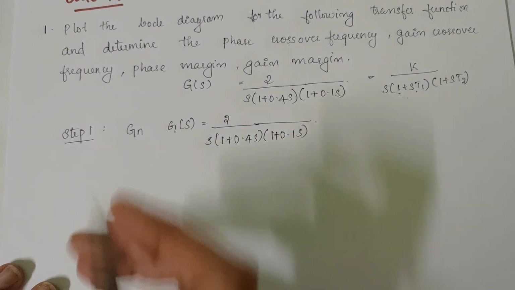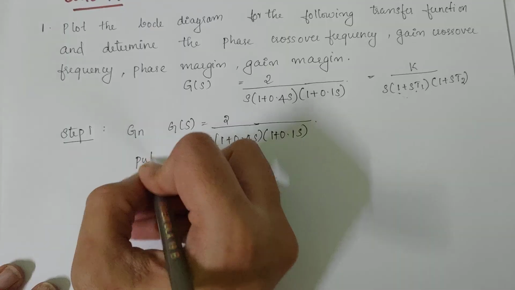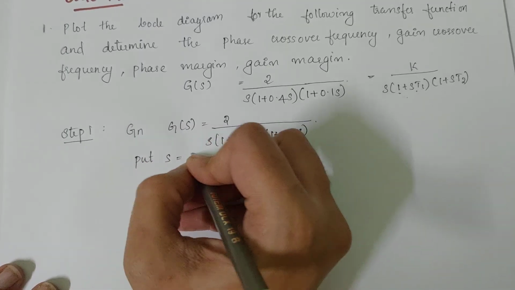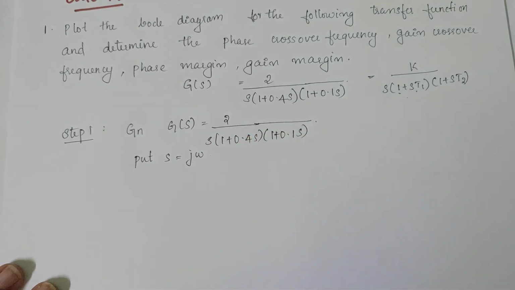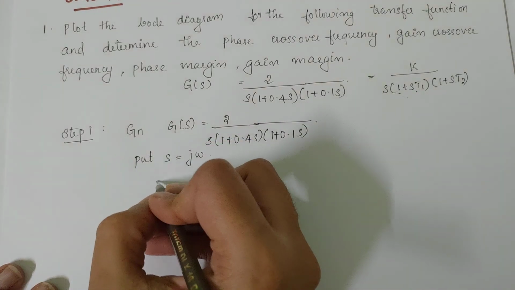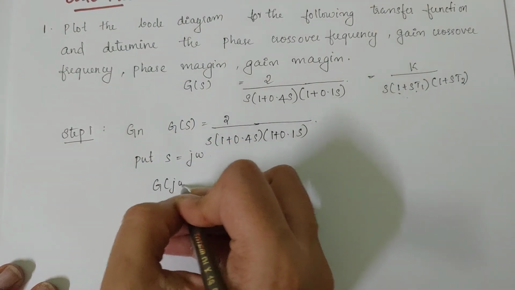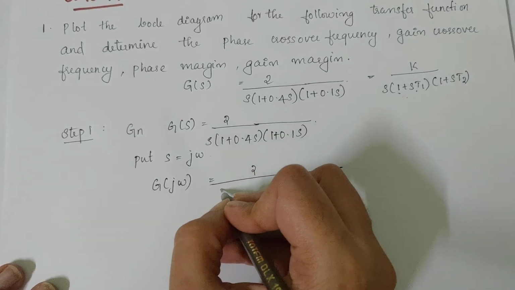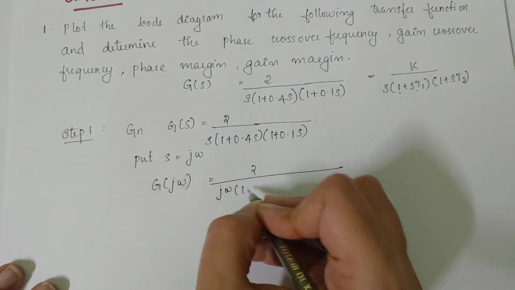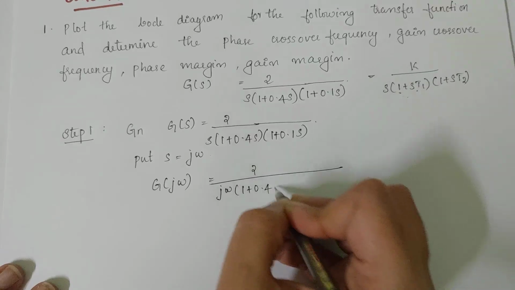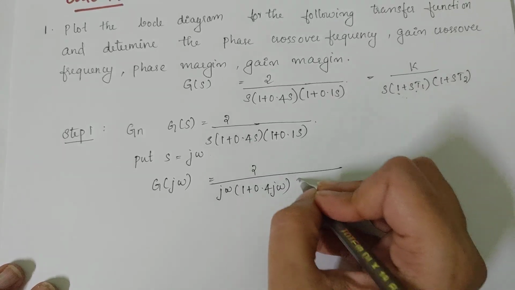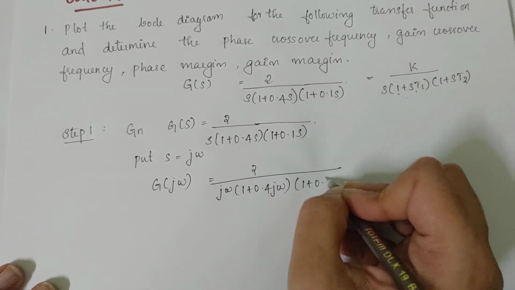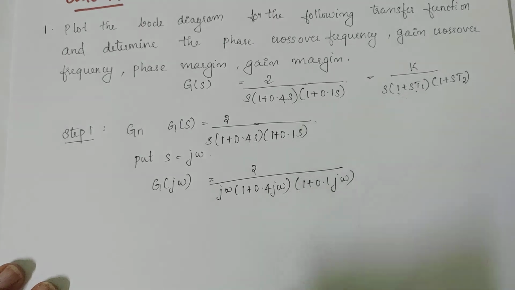Put s is equal to j omega. So G(j omega) is equal to 2 by j omega into (1 plus 0.4 j omega) into (1 plus 0.1 j omega).